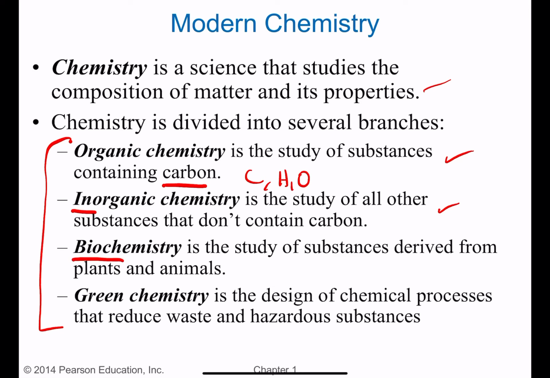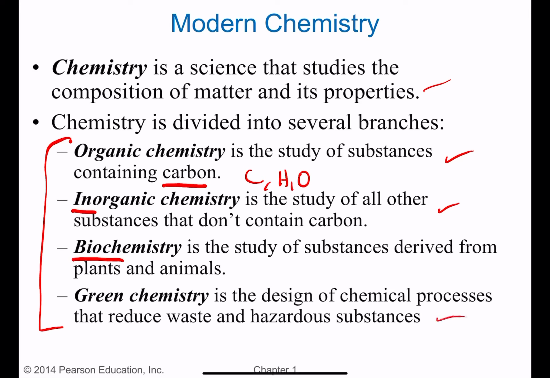There's also radionuclear chemistry that talks about radiation. There's also analytical chemistry, where we really focus on instrumentation and taking measurements. And then a newer field, green chemistry, the design of chemical processes that reduce waste and hazardous materials.